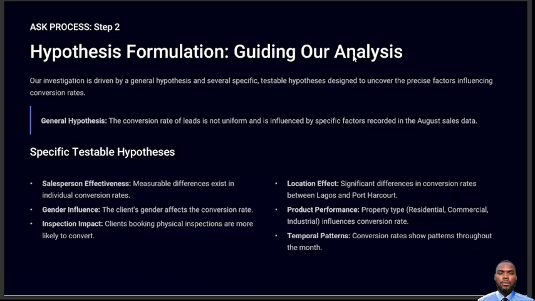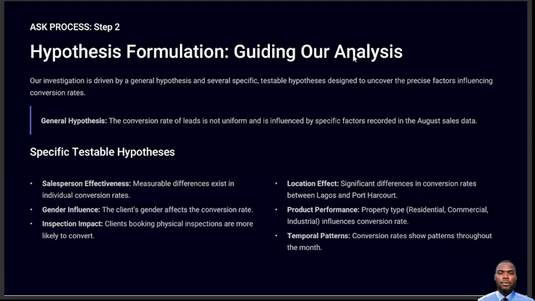The sales conversion rate. The owner might be interested in the conversion rate in general, right? Then I also mentioned the salesperson effectiveness. You might be interested to know how the salesperson is influencing conversion rates. Number two is gender, how the gender of the client is influencing conversion rates.